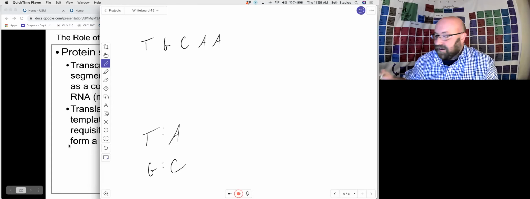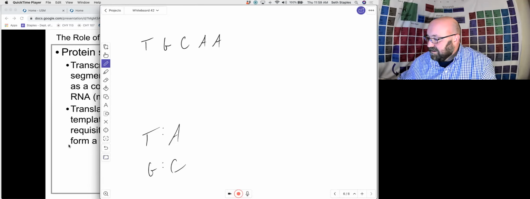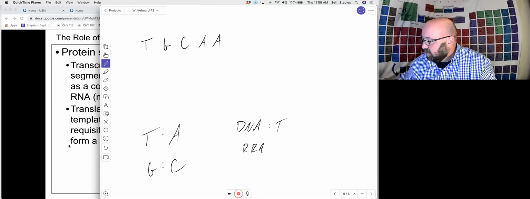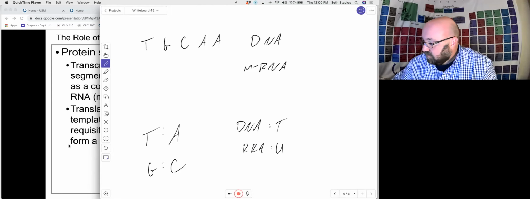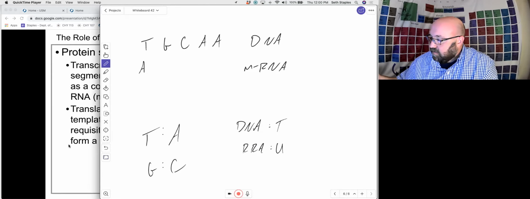And also remember that in DNA we use thymine, but in RNA, it's uracil. And so here's our DNA strand. When the messenger RNA strand is formed from that, the thymine is going to get paired up with an adenine.